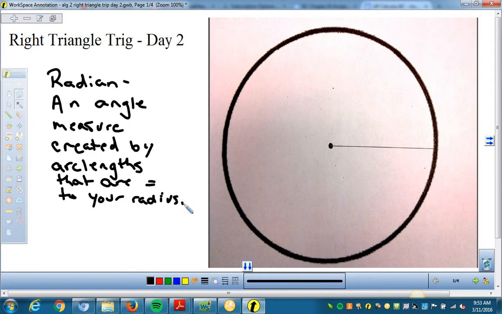And it doesn't matter what size circle you have, when you set your arc length equal to your radius, the angle that it creates will be the same for every circle.